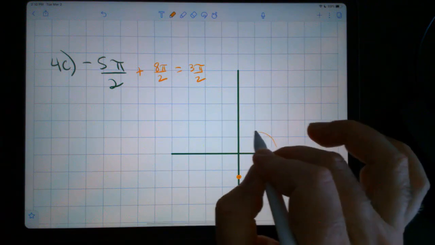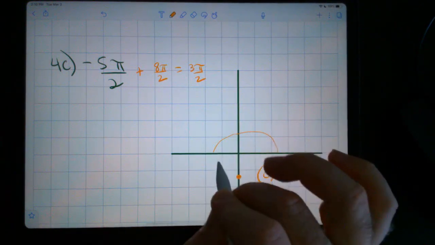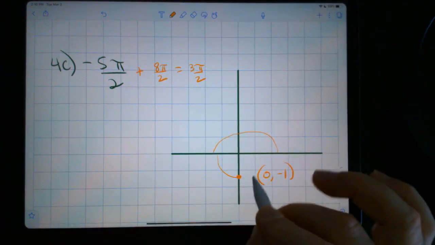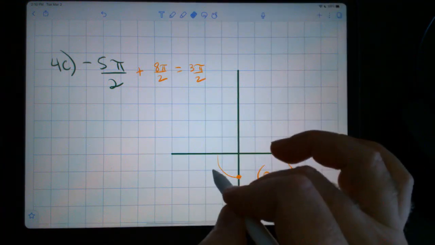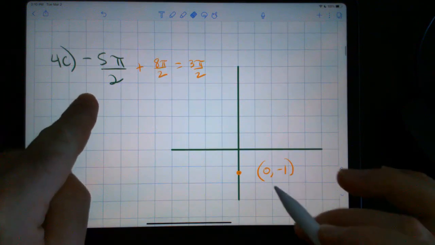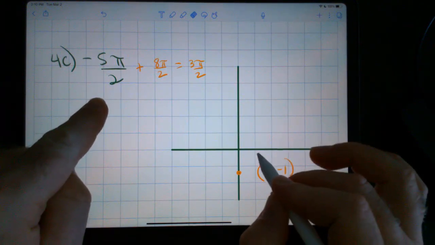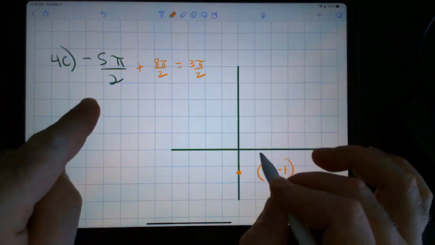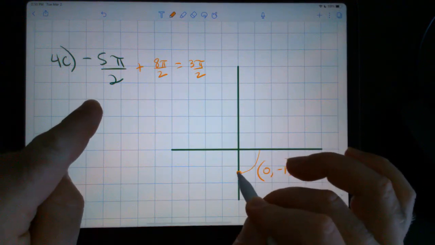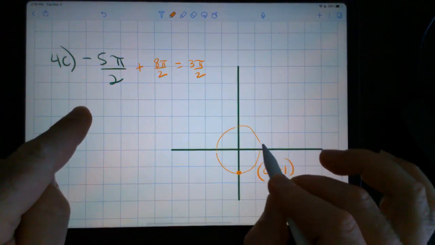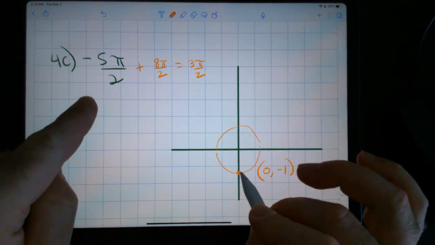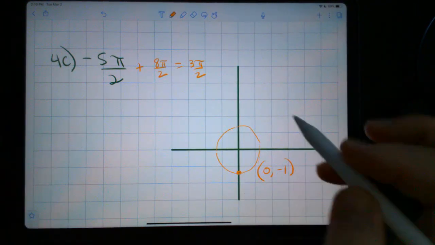So there's 1 pi over 2, 2 pi over 2, 3 pi over 2. Or if you want, you can go with the original, negative 5 pi over 2. So there would be negative 1 pi over 2, negative 2 pi over 2, negative 3 pi over 2, negative 4 pi over 2, negative 5 pi over 2. You would still end up in the same position.